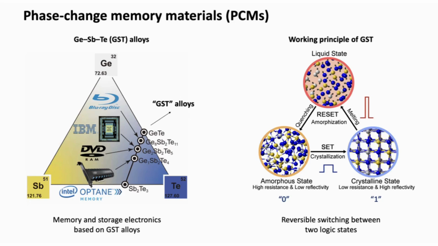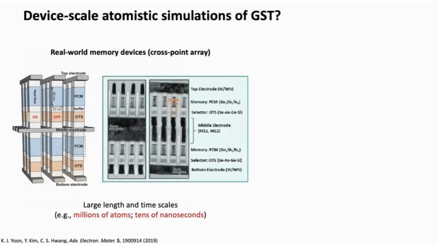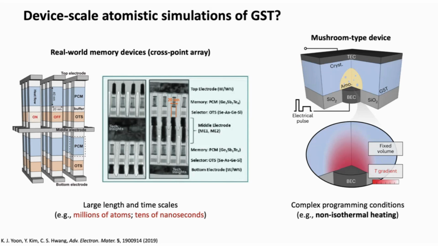However, as I just mentioned, DFT is too expensive to run. It becomes more difficult when we want to simulate a real-world GST device like this, which contains billions of atoms and very complex interfaces. It becomes even more challenging when we consider the realistic programming conditions in these devices, especially the non-isothermal condition caused by Joule heating.